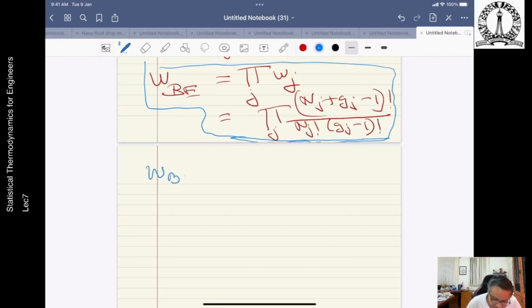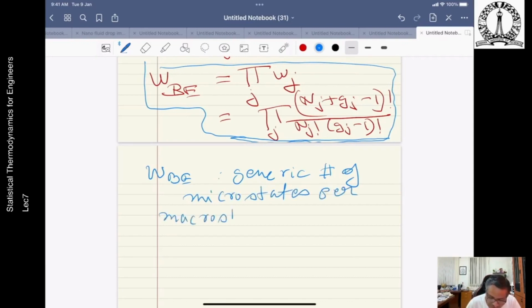So WBE is basically the generic number of microstates per macrostate for Bose-Einstein statistics.